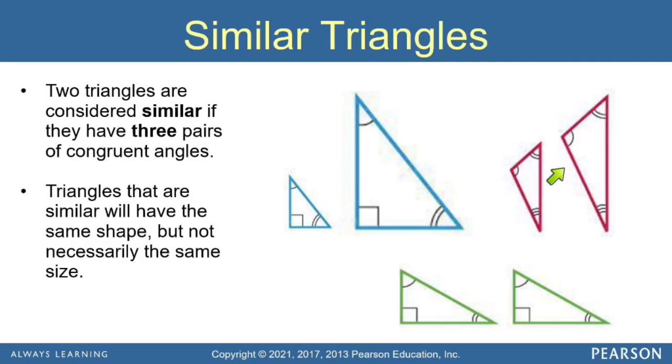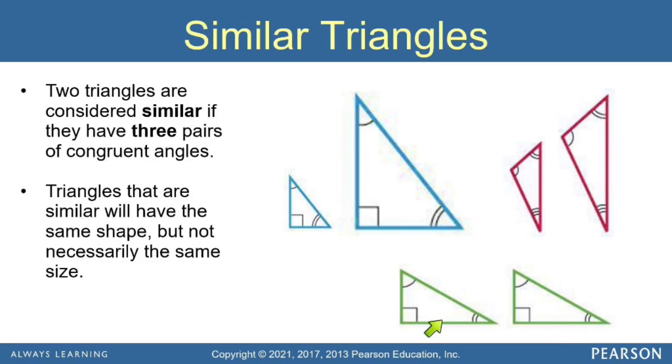The same thing goes for this pair of triangles. There's a small one and a large one, but because one angle from the small triangle is always congruent to a corresponding angle in the bigger triangle, these two triangles are similar. And notice that they are the same shape. And then you could say the same thing for this third pair of triangles. 3 pairs of congruent angles means that the triangles will be the same shape, therefore they are similar.